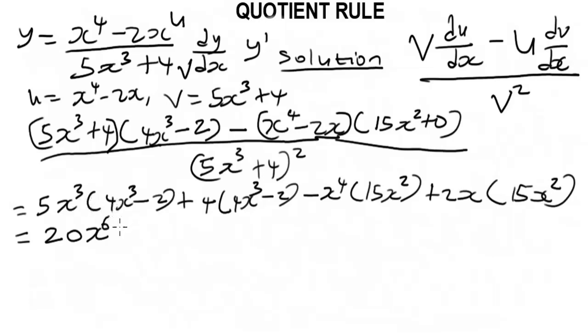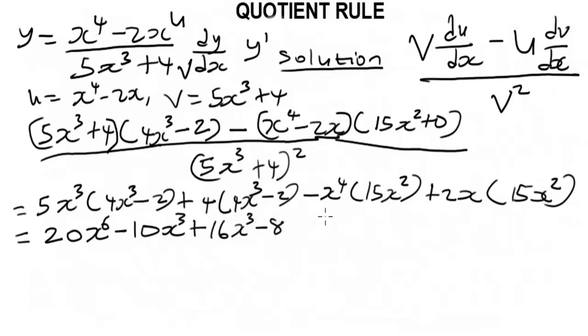Then 5x cubed times minus 2 is minus 10x cubed. Plus 4 times 4x cubed is 16x cubed, and 4 times minus 2 is minus 8.